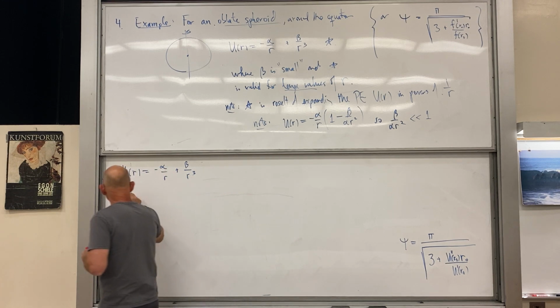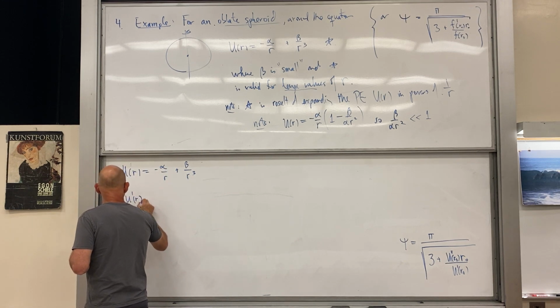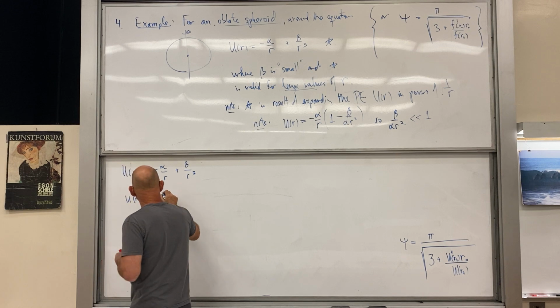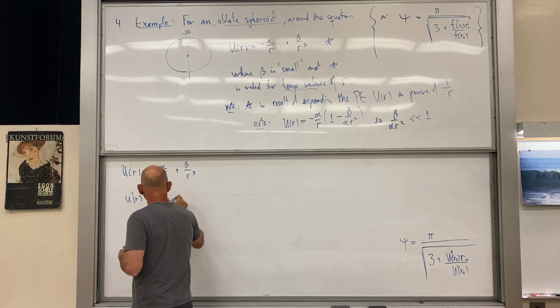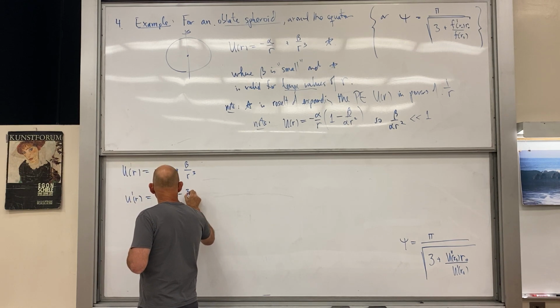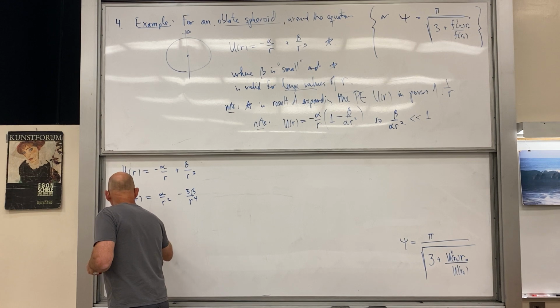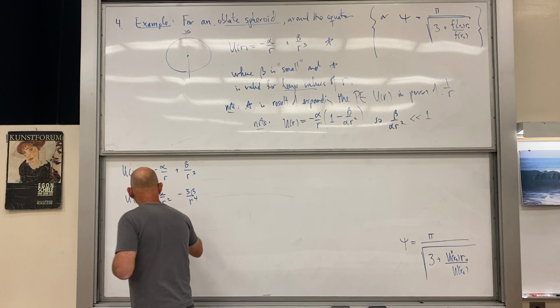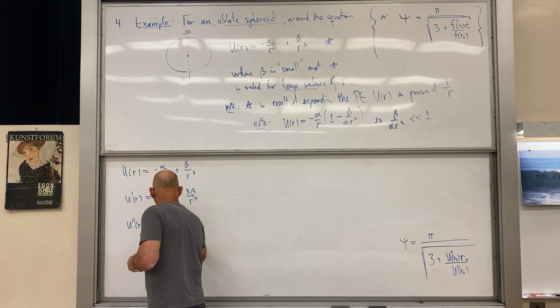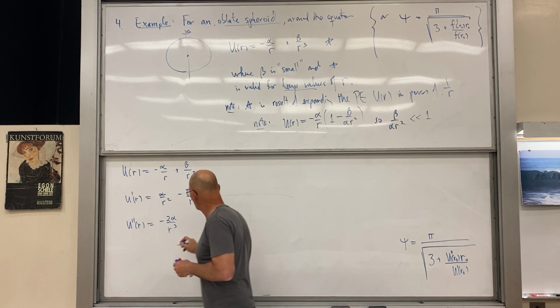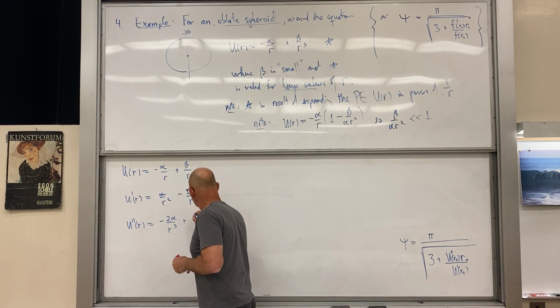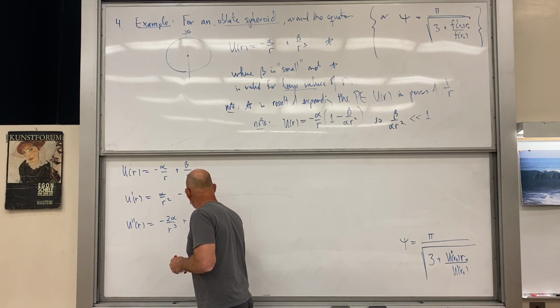Good, let's take this first derivative: u prime is equal to alpha over r squared minus 3 beta over r to the fourth, and the second derivative is equal to minus 2 alpha over r cubed plus 4 times 3, which is 12, beta over r to the fifth.